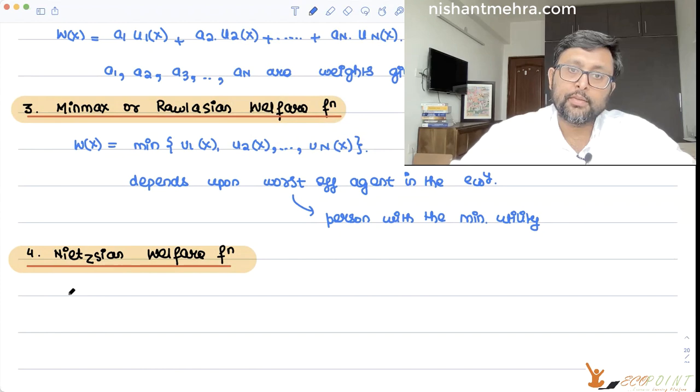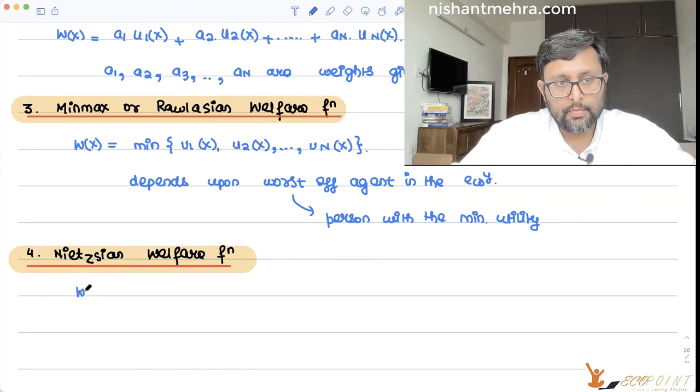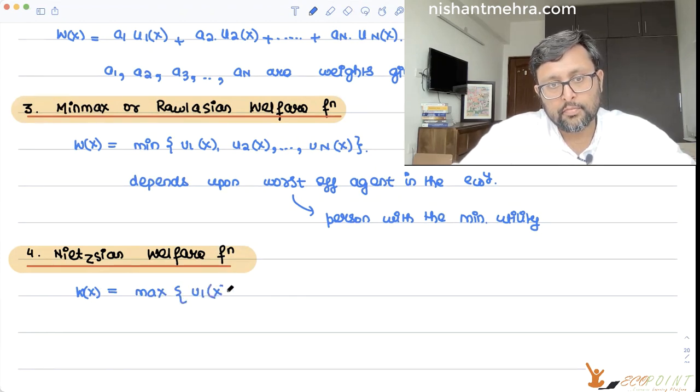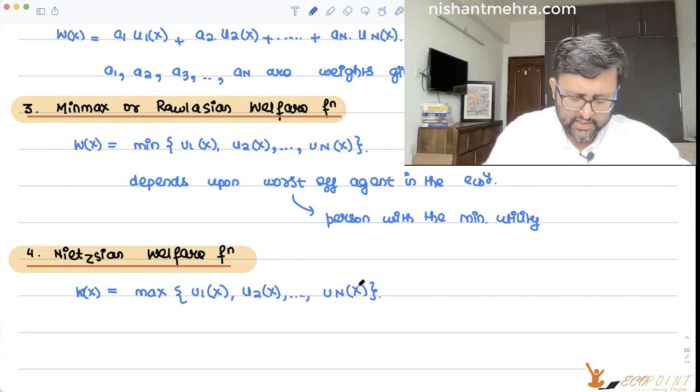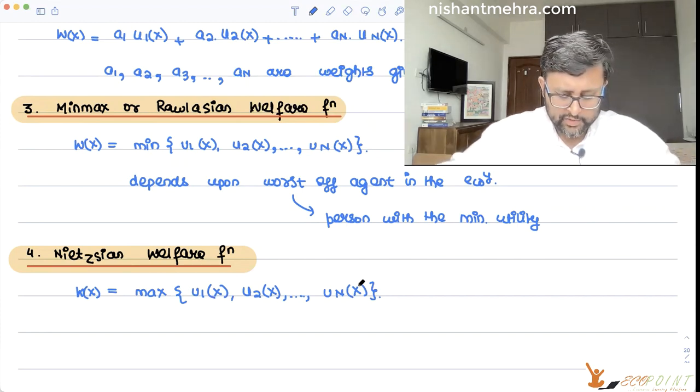That is, it depends upon the utility of the person with the maximum utility, the richest individual, max. Right? So these are the different ways that you can compare the individual utility functions.